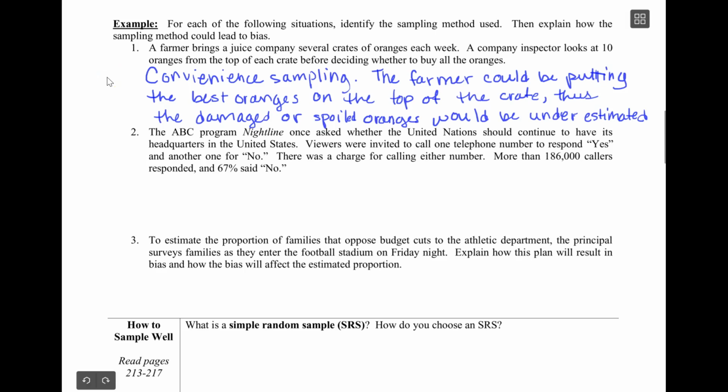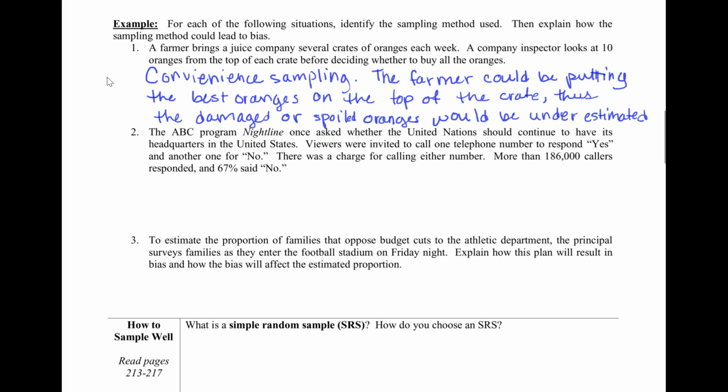For the next problem, the ABC program Nightline once asked whether the United Nations should continue to have its headquarters in the United States. Viewers were invited to call one telephone number to respond yes and another one for no. There was a charge for calling either number.